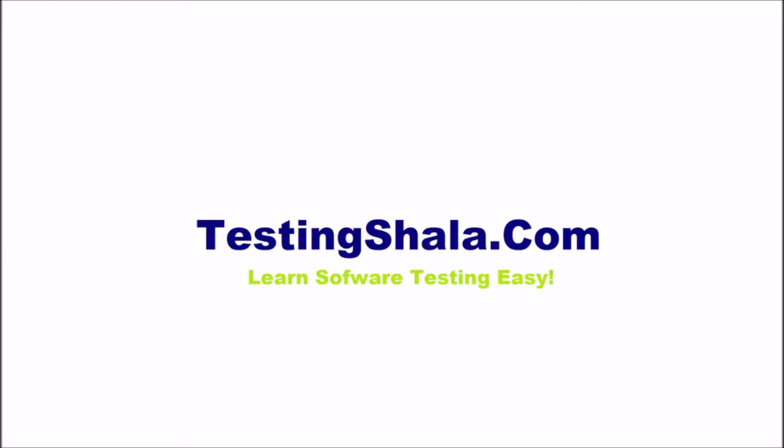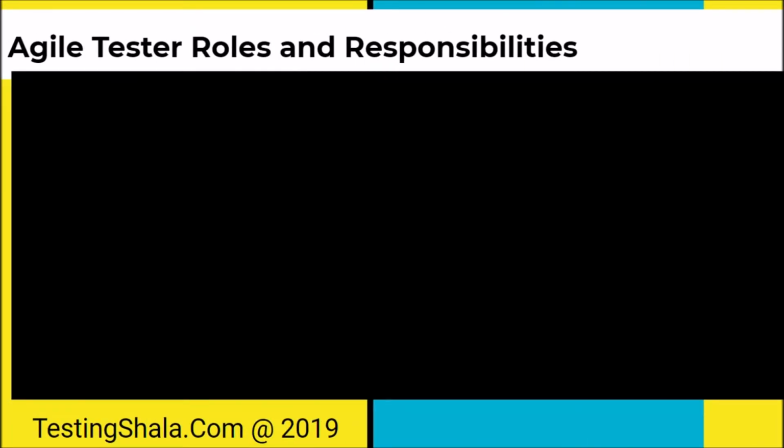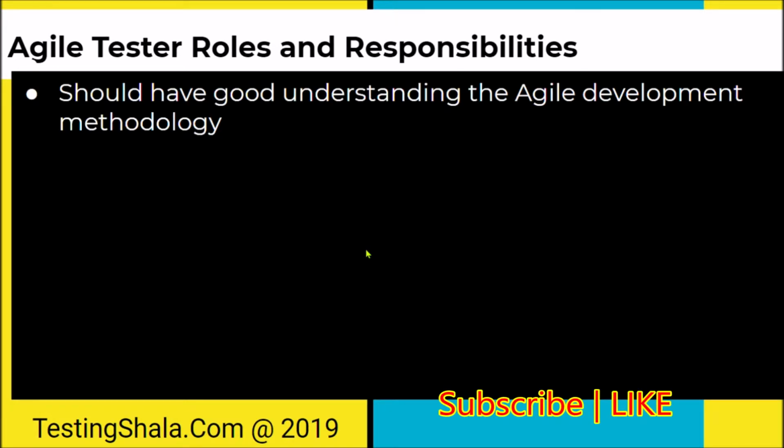So let's move on to understand what are the roles and responsibilities of an agile tester. To become an agile tester, you should know in and out of the SDLC, the software development lifecycle of agile methodology. So being an agile tester, you should know in and out of the agile development methodology. That is the first important thing you should know.